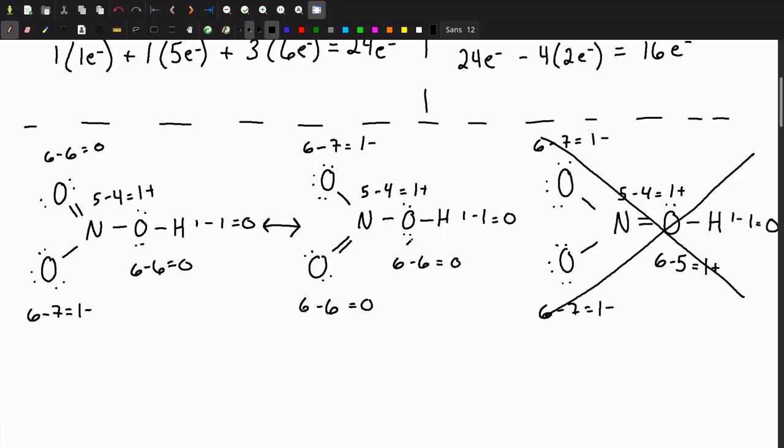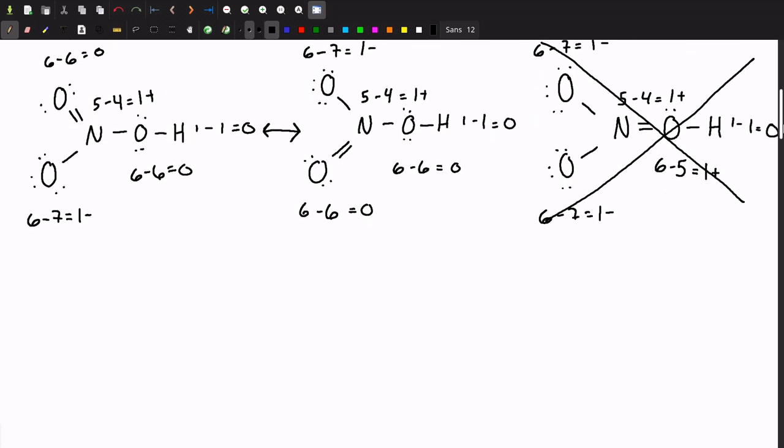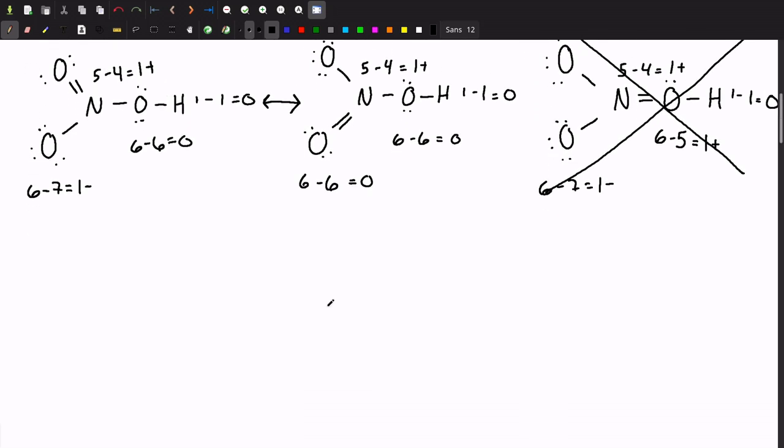These two are going to be our resonance structures, meaning that we can write a resonance hybrid that's going to look like this. And then we can write out these two lone pairs because they do not change between the two structures.